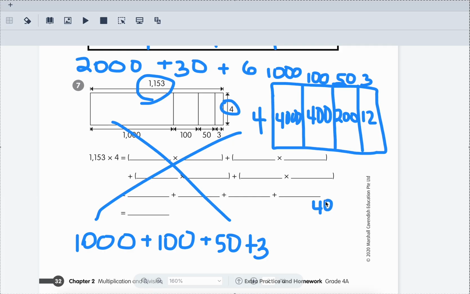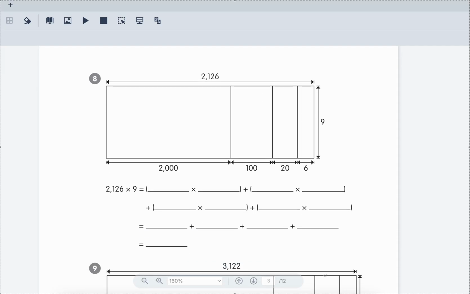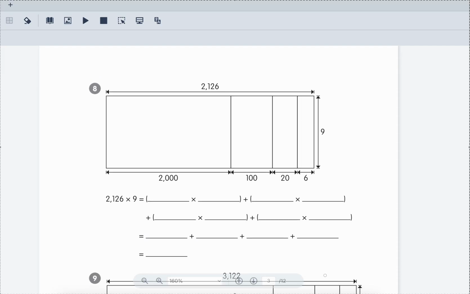You're all doing this on your paper. 400, 200, and 12. And your answer is 4,612. Okay? I'd like you to try this one, press pause, and try this one on your own.